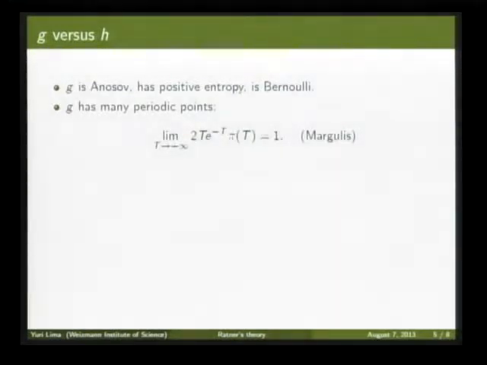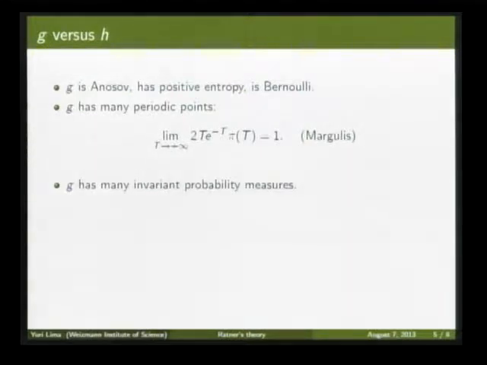So the number of closed orbits is exponential in t. And because of that, G has many invariant probability measures, right? I mean, any of these closed orbits supports an invariant probability measure. If you have a lot of closed orbits, you have a lot of probability measures.